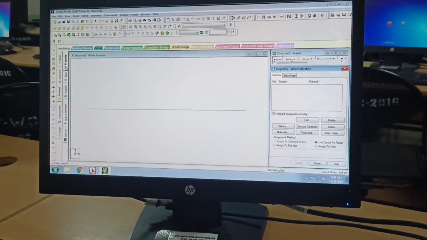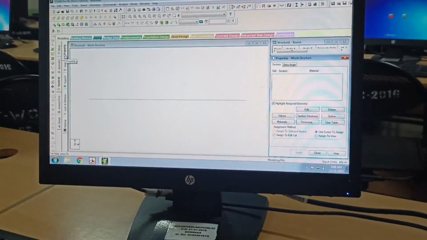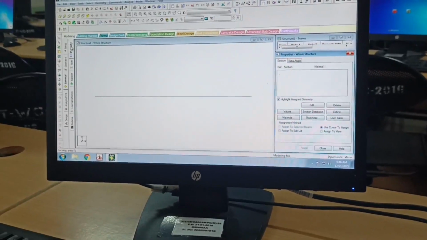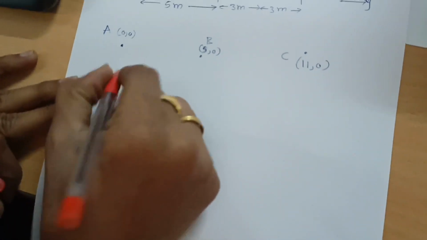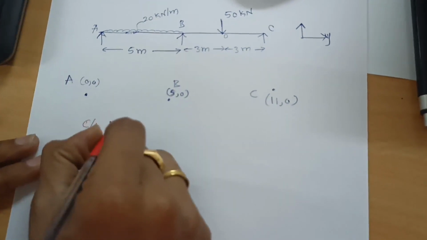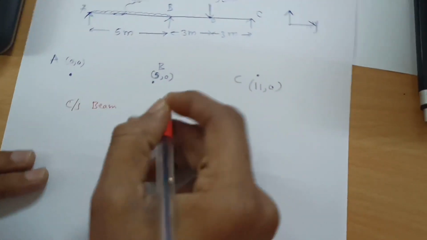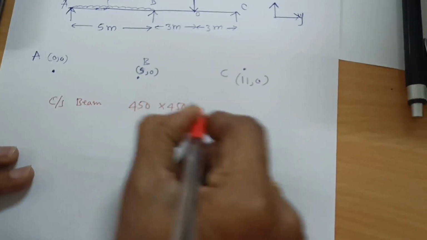Here first I am going to select the property, in the sense material property. This is defining the material property and the dimensions of the beam. I am considering the beam dimensions throughout uniform cross sections. The cross section of the beam is 450 into 450 millimeter.